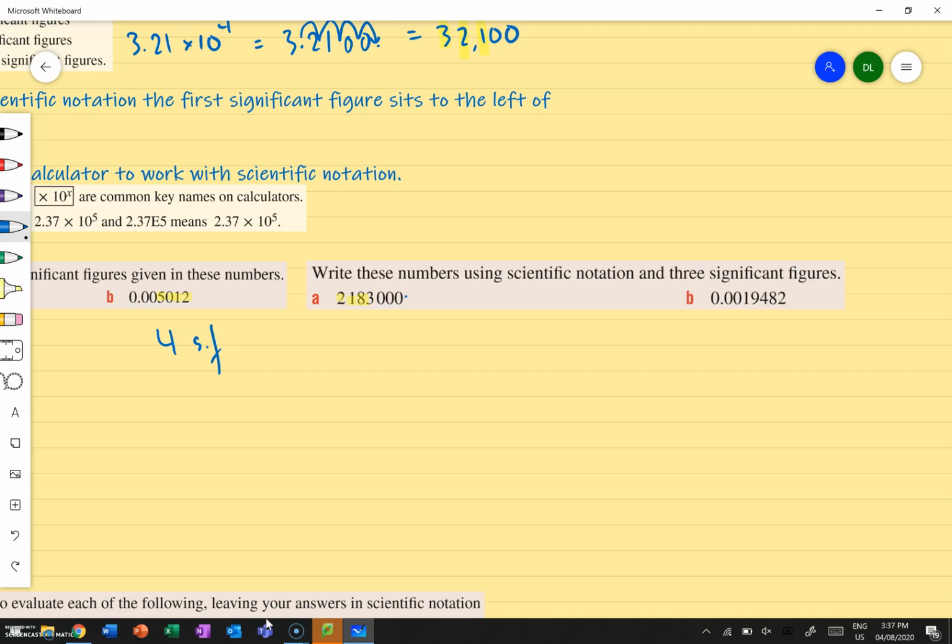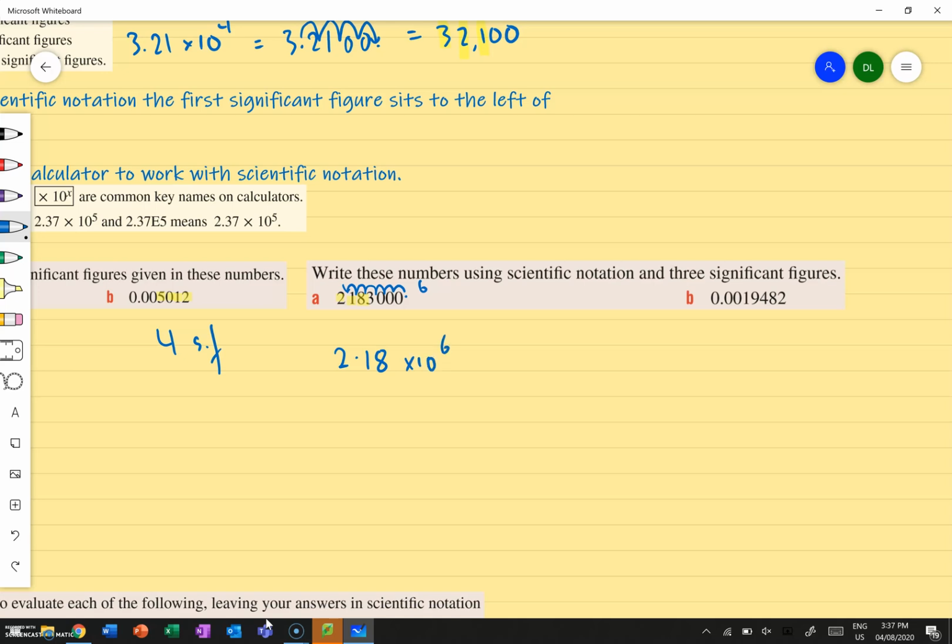I'm going to bring it to the right of my first non-zero digit. So 1, 2, 3, 4, 5, 6. So that's 6, right? Now remember, it's a super large number, so it's positive. So 2.18, and I'm not including the 3 because I'm only using 3 significant figures, remember? And then I write times 10 to the power of positive 6.